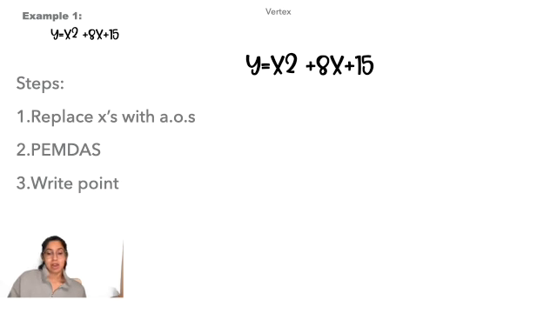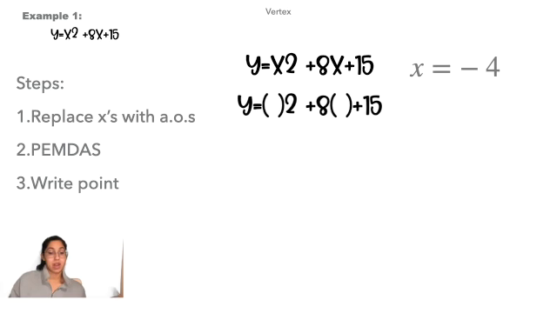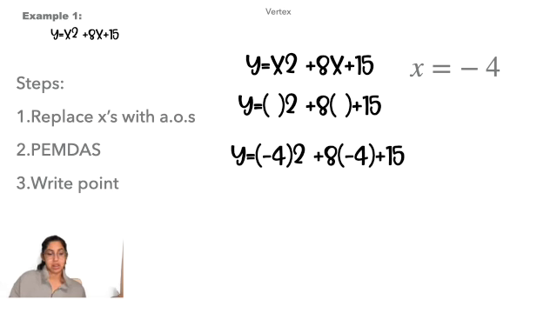So I've got y equals x squared plus 8x plus 15, and x equals negative 4. I'm going to put parentheses wherever there's an x, and don't get confused: that is not parentheses times 2, that is x squared. That exponent looks a little weird. I'm plugging in negative 4 for both, and that negative is in the parentheses.